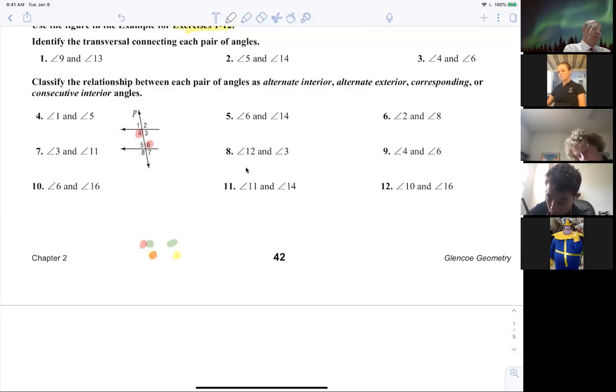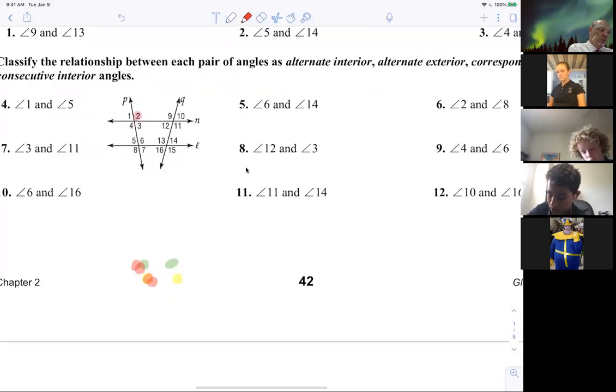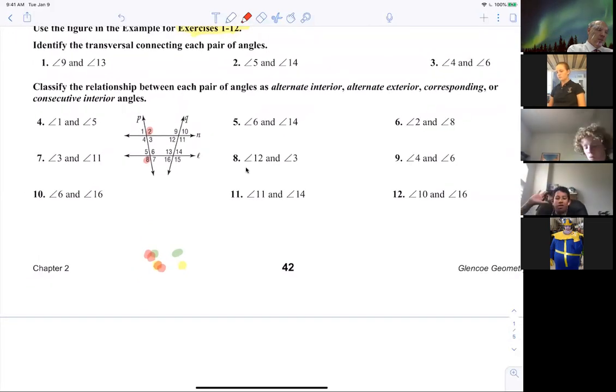All right, let's look at number 5. I'm going to erase this again. So now I'm going to highlight 2 and 8. So let me get rid of this. And I think it's good. 2 and 8. Here's a 2, and here's an 8. Oh, hold on. 6 and 14. I can highlight that for us. 6 and 14.